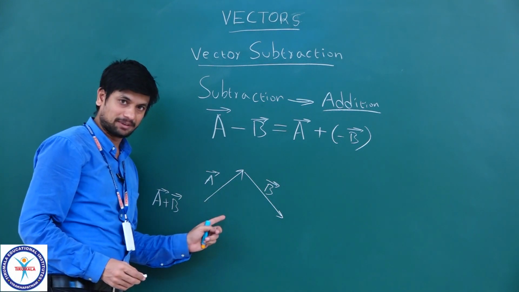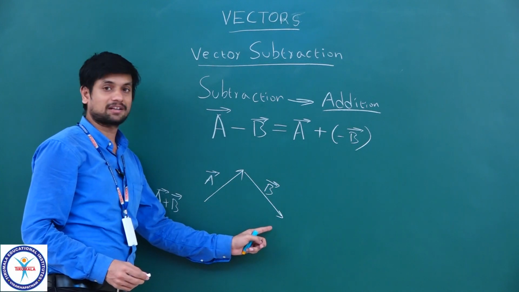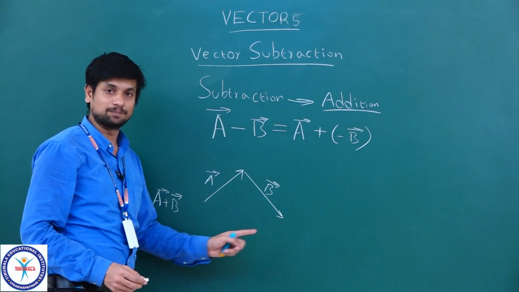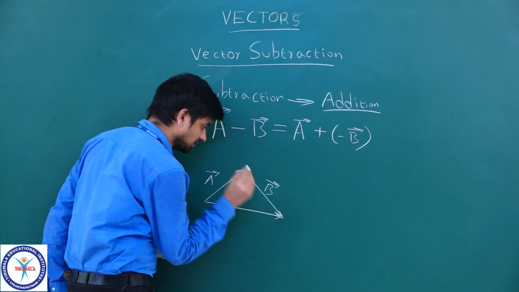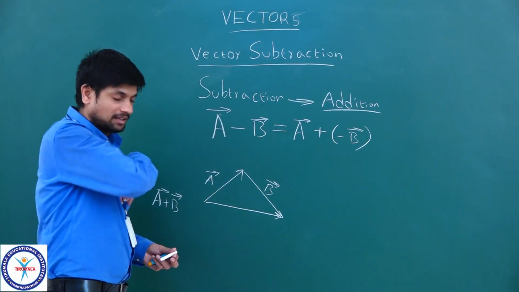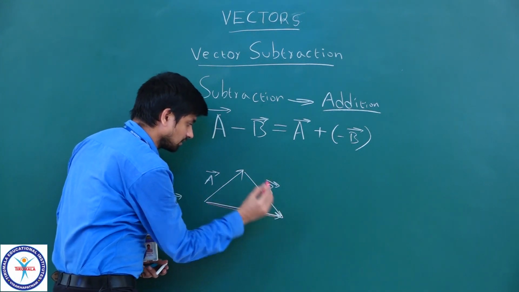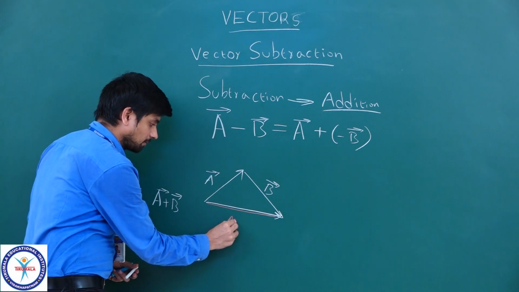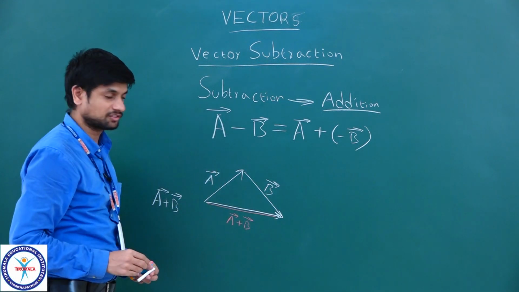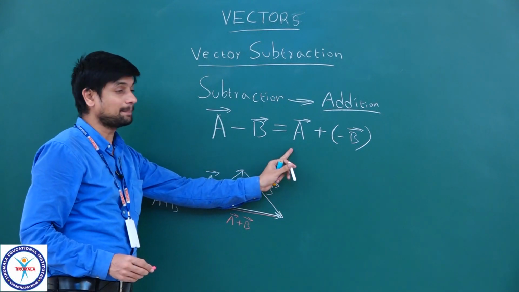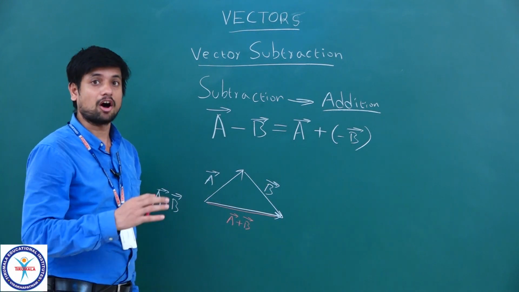According to the geometrical method, if you join the first vector's tail to the second vector's head linearly, that gives you the resultant. This is the A plus B vector addition, but I have written A plus minus of B. Minus of B means opposite to B.